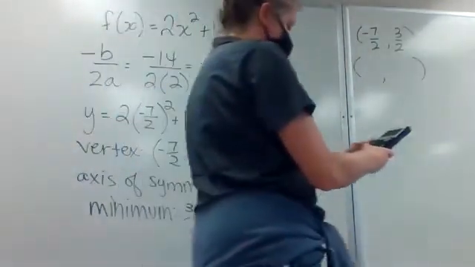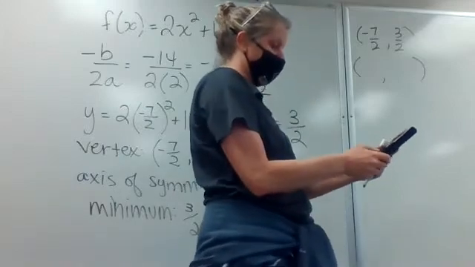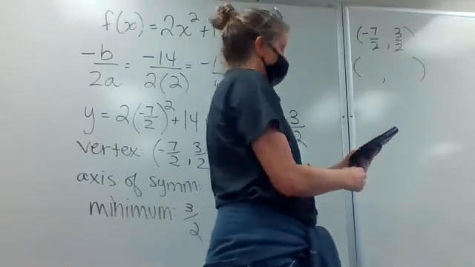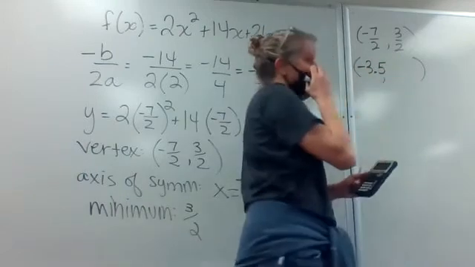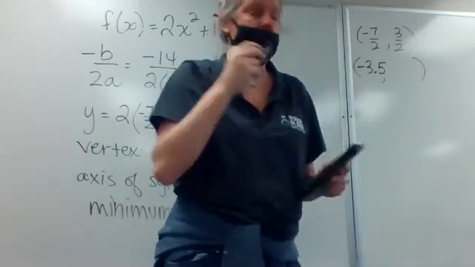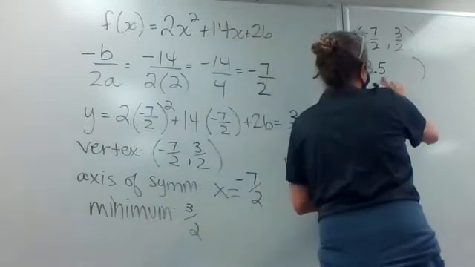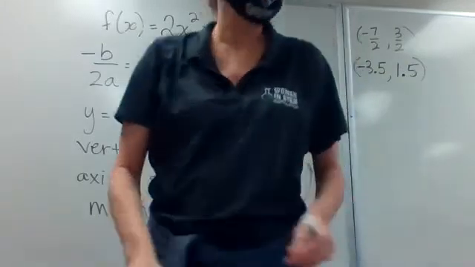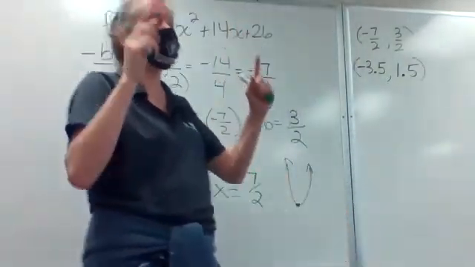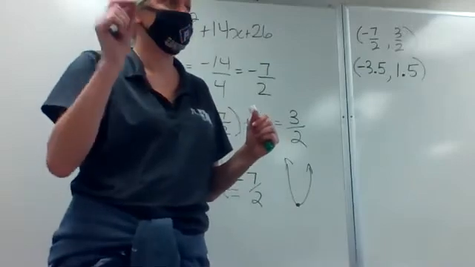So -7/2, right, so it's -3.5. And then 3/2 as a decimal is 1.5. Okay, so remember where you know where your cursor is, right?